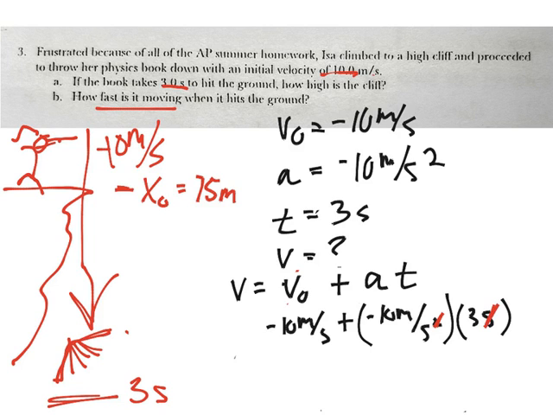And you got negative 10 times 3 gives you negative 30 meters per second. Negative 10 meters per second. And you can basically add these negatives together, giving you a total of negative 40 meters per second. So it should be a negative number that you got. If you said down was negative. If you said down was positive, you should get a positive 40.